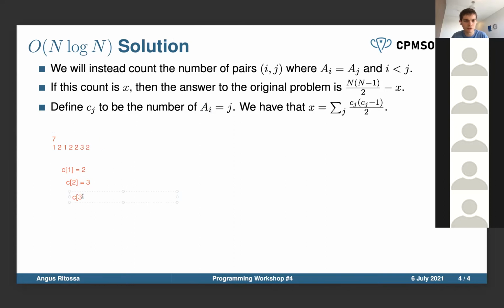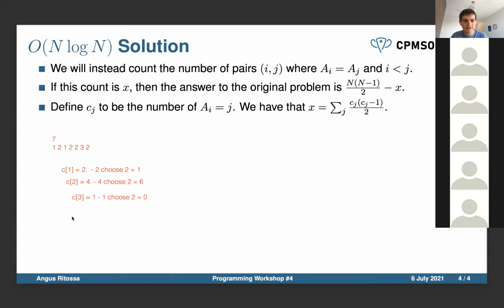C2 is equal to 4, C3 is equal to 1, and C of everything else equal to 0. Then the number of pairs that are the same is going to be 2 choose 2 from this, which is equal to 1, and then 4 choose 2, which is 6, I think. 4 choose 2 is 6. Correct me if I'm wrong. That's just 4 times 3, 12, divided by 2. And then we have 1 choose 2, which is 0.